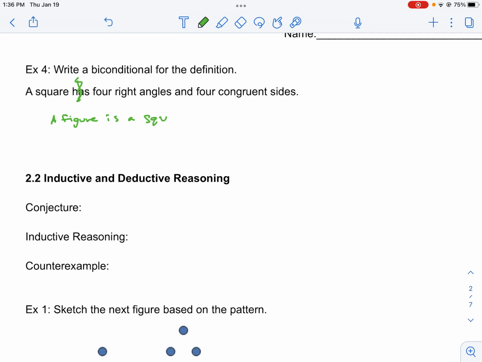A figure is a square if and only if it has 4 right angles and 4 congruent sides. And ta-da, there's my biconditional.